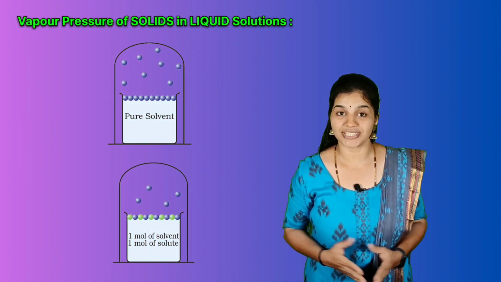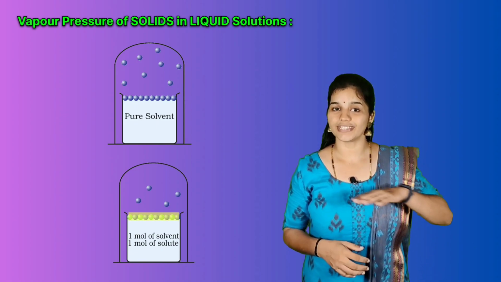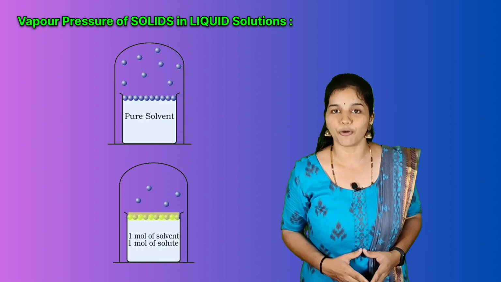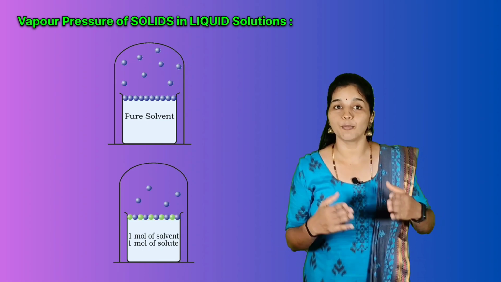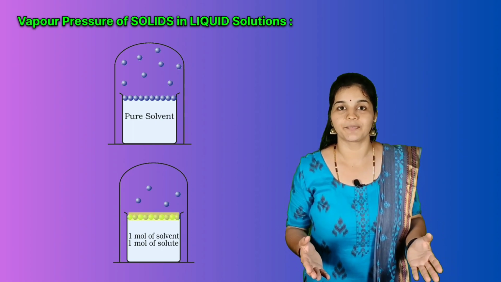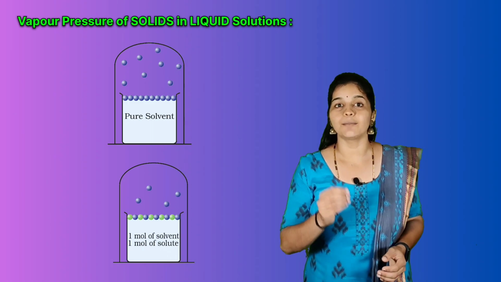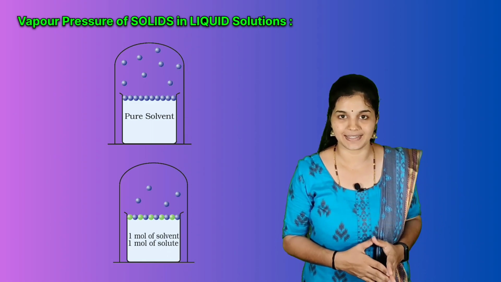Why would the vapor pressure decrease? You know that the molecules present on the surface will undergo evaporation. In the solution, the surface has both solute and solvent molecules, isn't it? By this, the number of solvent molecules which are present on the surface becomes less.